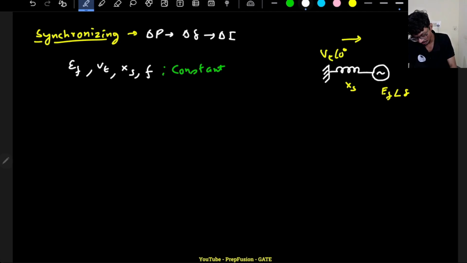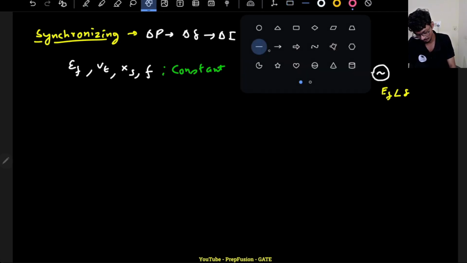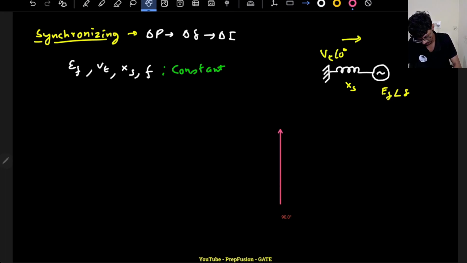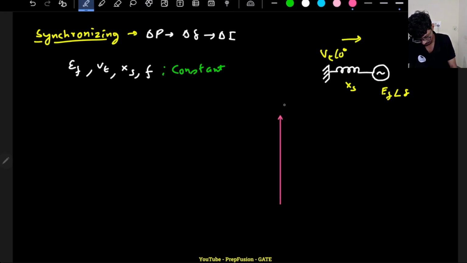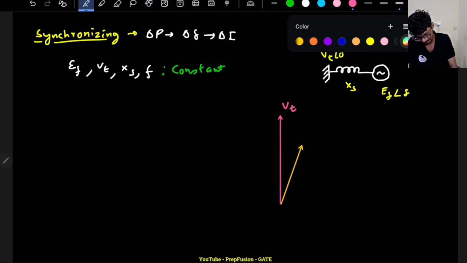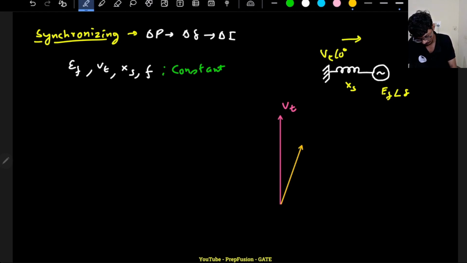So let's draw the phasor over here. Let's assume that this is my VT. And this is my EF, right? EF will lag somewhat.